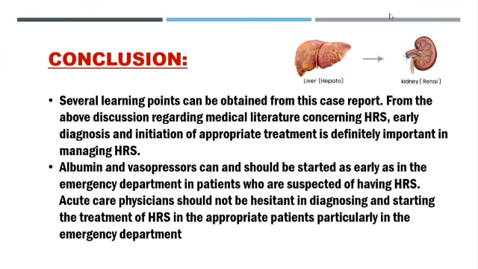Now, the conclusion of this case study states that from the above discussion regarding medical literature concerning hepatorenal syndrome, early diagnosis and initiation of appropriate treatment is very important in managing this disease. We must start albumin and vasopressin initially. The goal of pharmacological therapy is to reverse renal failure and prolong survival until candidates undergo liver transplant therapy.